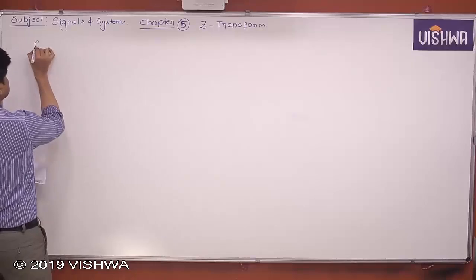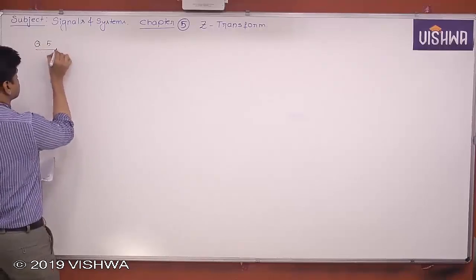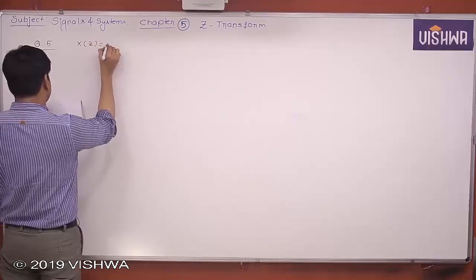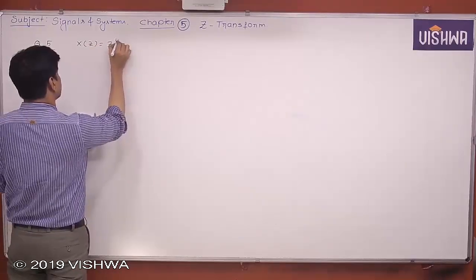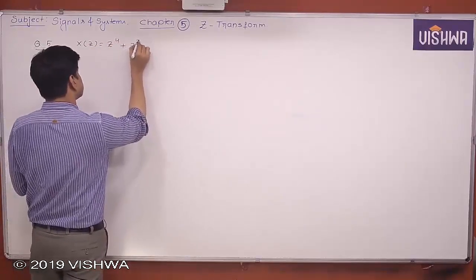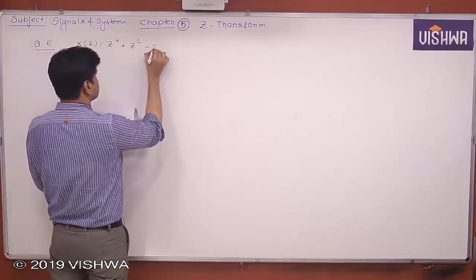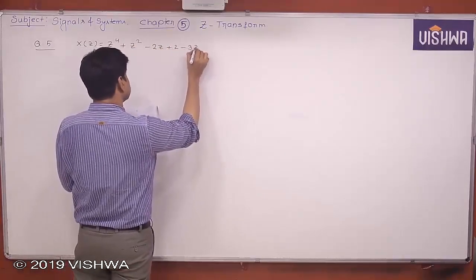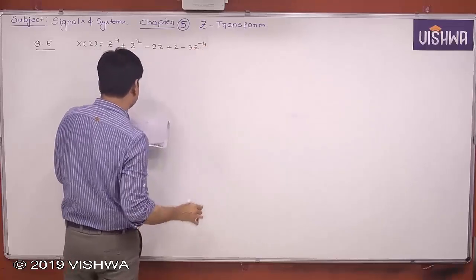Let's take this question. Question number 5. X of z is given as z power 4 plus z square minus 2z plus 2 minus 3z power minus 4.